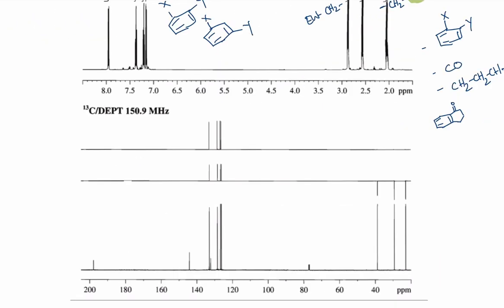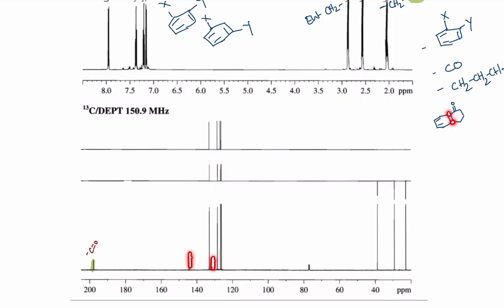Let's identify some of the carbons from here. We can clearly see that these are going to be quaternary carbons, because these carbon peaks are missing in that spectrum. And we can easily assign this to be the carbonyl carbon, and the other 2 quaternary carbons are these without any hydrogens.